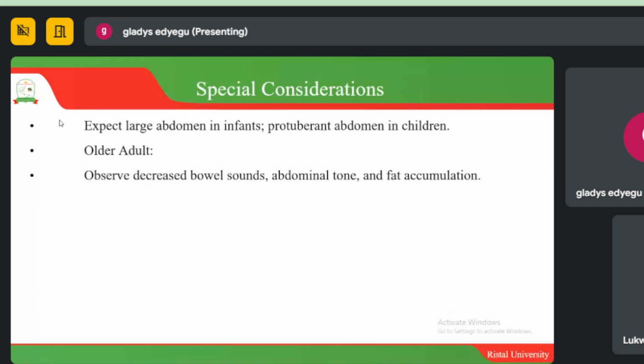Then also, in case the patient has been normal, there has not been any problem, even when he eats he doesn't feel any constipation, but from nowhere he starts feeling signs of constipation, and the bowel sounds are deteriorating or decreasing, then there can be a problem inside the bowel of this patient. So you should not take it for granted.